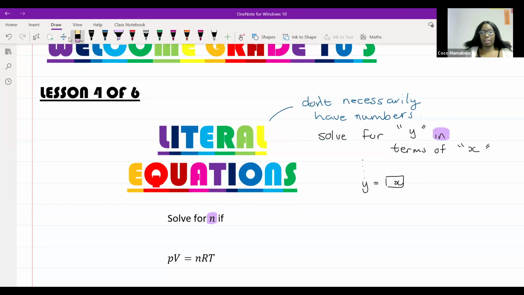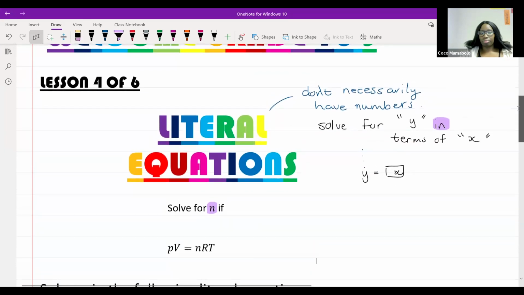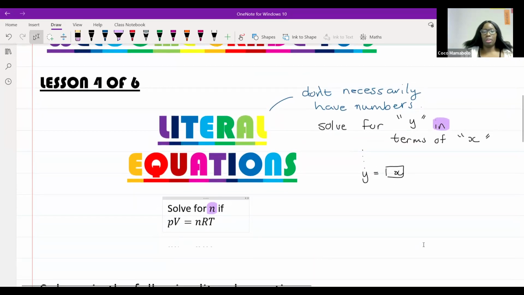All right, so let's look at this particular question. It's not going to be that difficult, right? Let me see. Okay, let's start with r and t, because we want n on its own, right? I know that r and t are multiplied to n. So if I want to get rid of a multiply, what do I need to do? The inverse operation, which would be division.